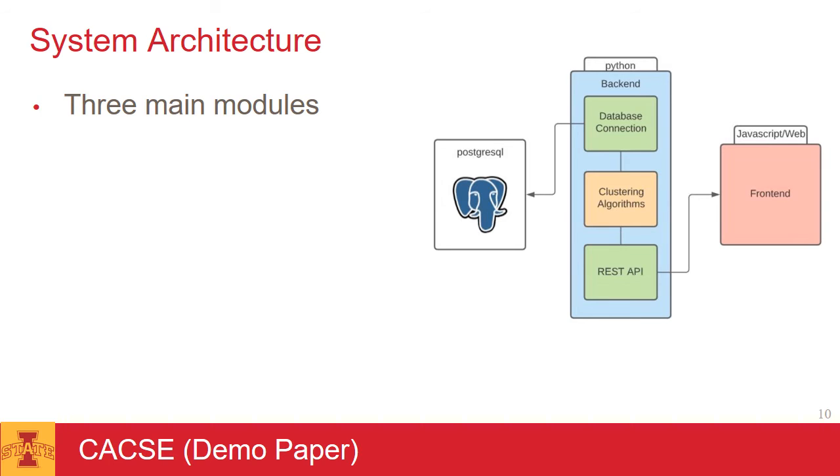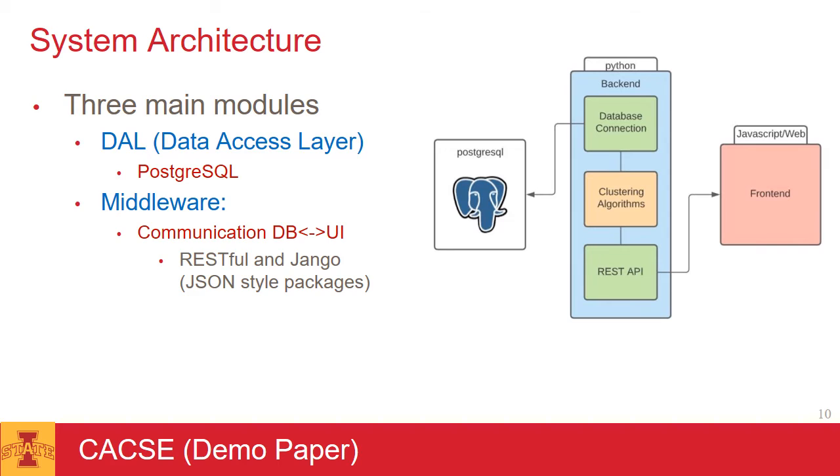Briefly about system architecture, there are 3 main modules: the front end, the back end, and the middleware. As part of the back end, we have this data access layer, which is a PostgreSQL database. Those are the tables for which we have scripts that take the simulations output and put them in SQL tables.